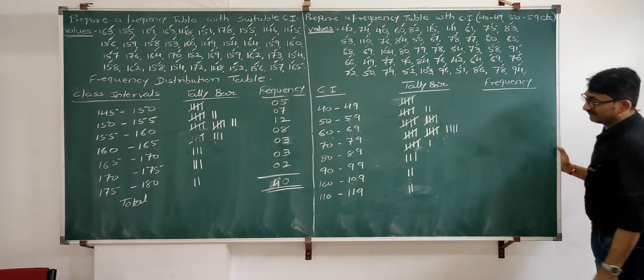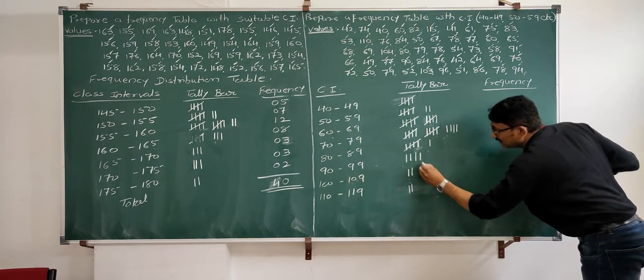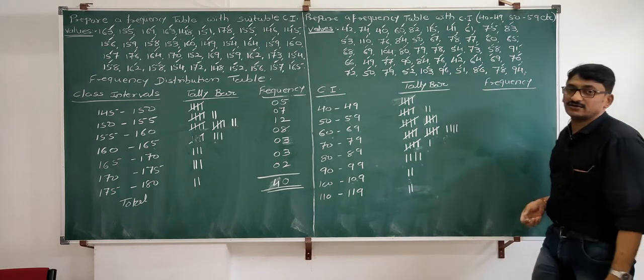And last is 94, comes under 90 to 99. This is my tally bar chart.